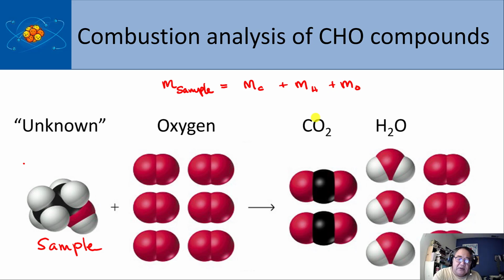And what you're going to do is you're going to calculate the carbon from there. I meant to go to the carbon, not the oxygen. You're going to calculate the mass of the hydrogen here. And if you're given the sample mass, all you have to do is subtract, and you'll get the mass of the oxygen.